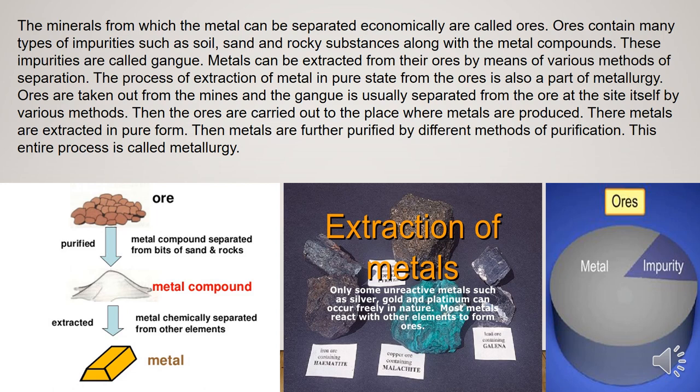Those impurities are separated from the metals by using various methods. After that, when they get the metals, those metals are again not in the pure form. So they are purified again, and for that there is a separate process, a separate method. Those methods also we will be learning ahead, so don't worry. And that entire process of removing the ore till purification, this entire process is called metallurgy.